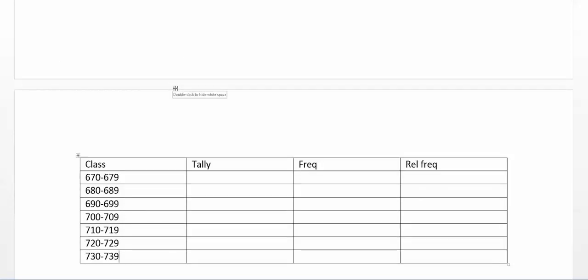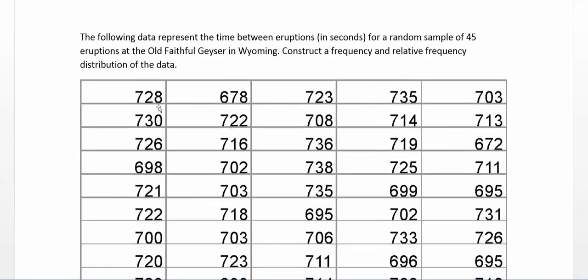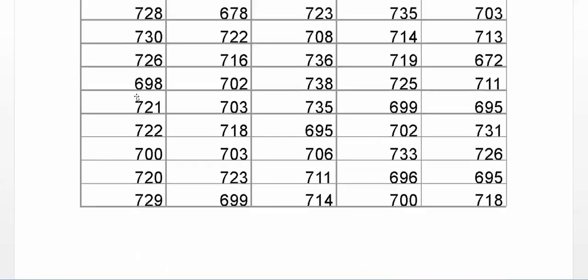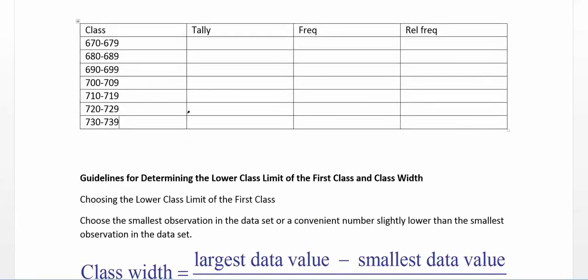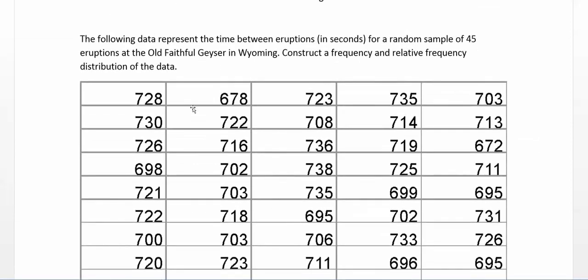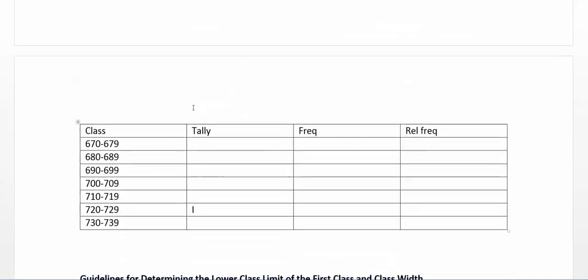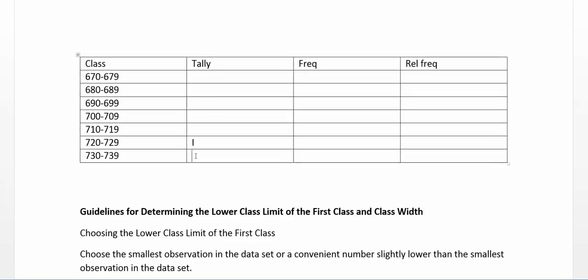Okay, so once I've got my classes identified, I'm going to come in and go through all my data. So let's see, 728 is in this one, so it gets a tally. Do this electronically here. 730 fits right there, so it gets a tally.